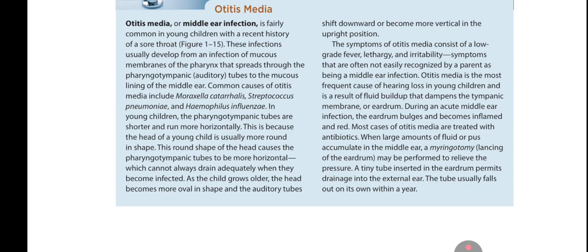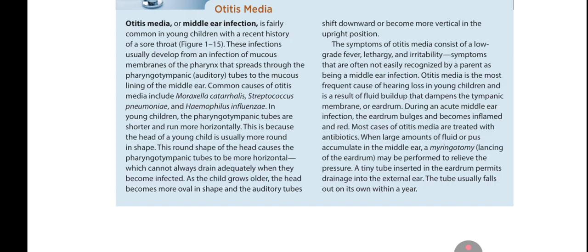Originally in young children, pharyngotympanic tubes are shorter and run more horizontally. So that's the reason why they are more prone or susceptible to this type of middle ear infection.